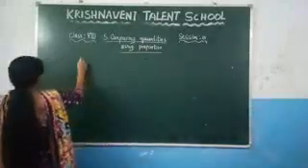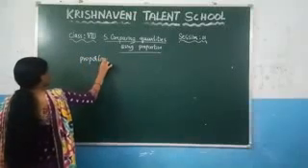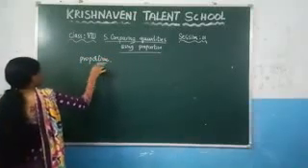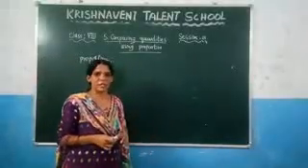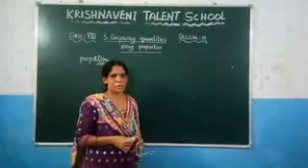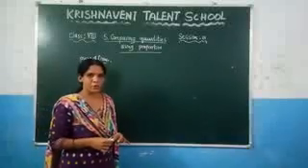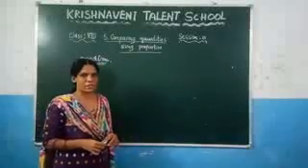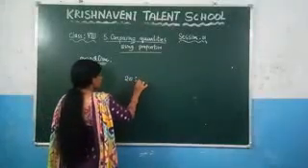Now move on to the next one, which is proportion. So here, what is the meaning of proportion? If two ratios are equal, then we can say that those two ratios are in proportion. So here, let us consider, suppose in your school, for 20 students, one teacher is there.